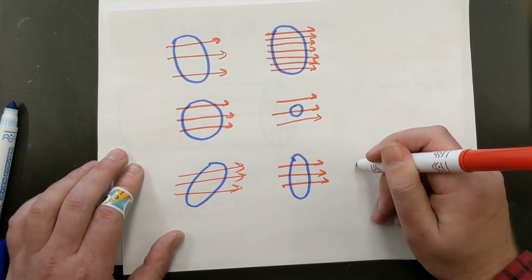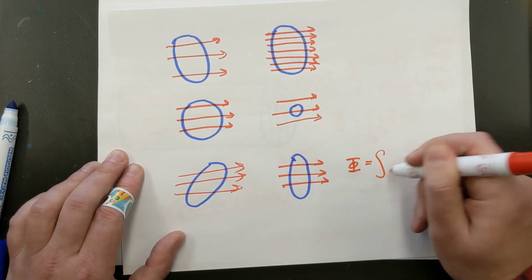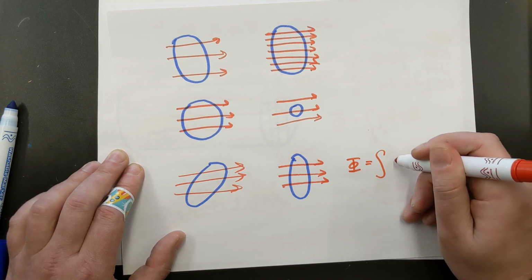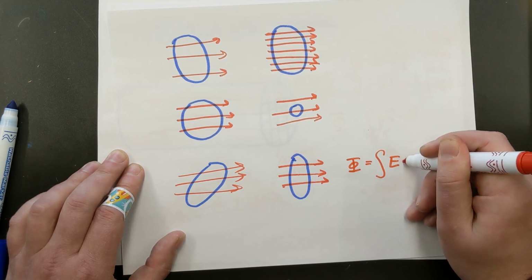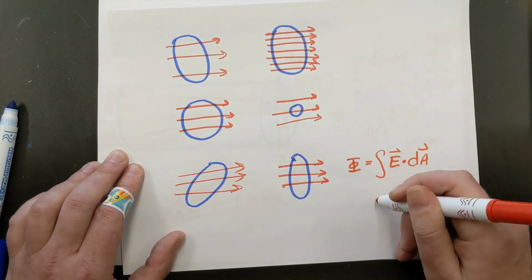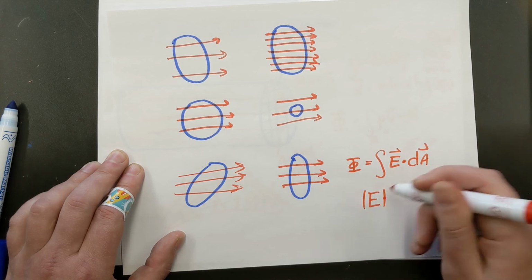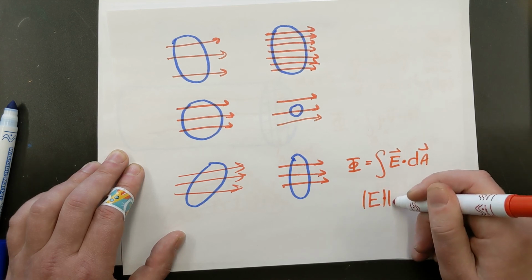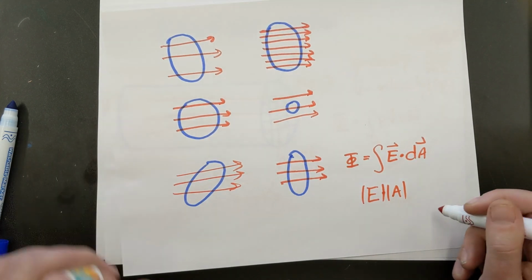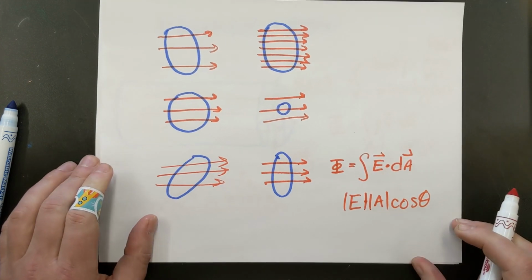We care about the dot product, so when we're defining flux, it is equal to adding up all of the, whatever the vector field is that we care about, maybe it's the electric field, dot product with the area. And remember, the dot product of two things is the magnitude of one times the magnitude of the other times the cosine of the angle between them. So that's an introduction to flux.